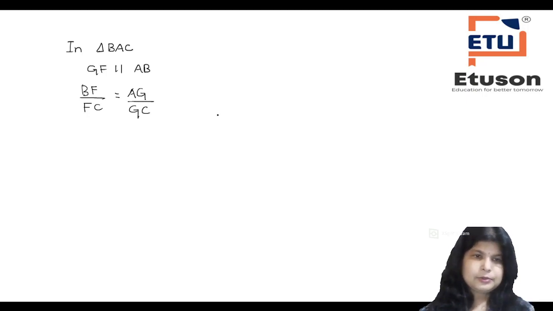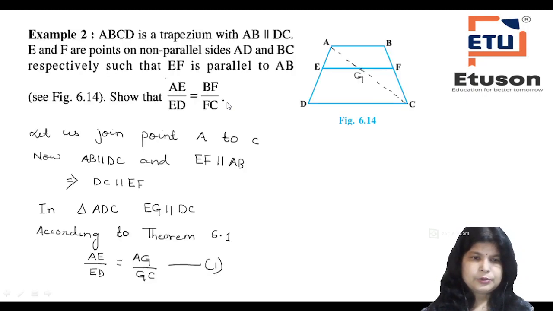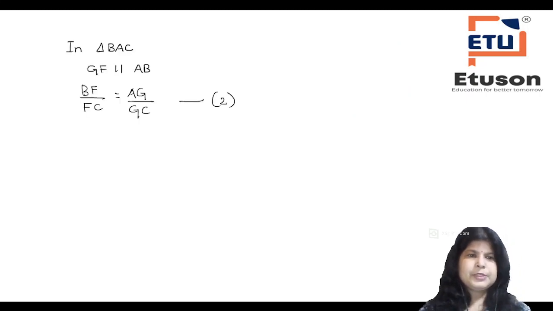Correct? So, let this be equation 2, right? So, you have AG by GC, BF by FC, right?